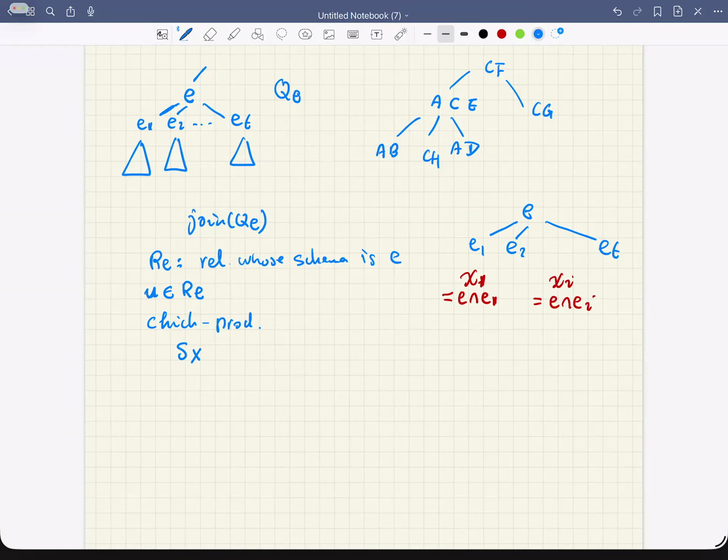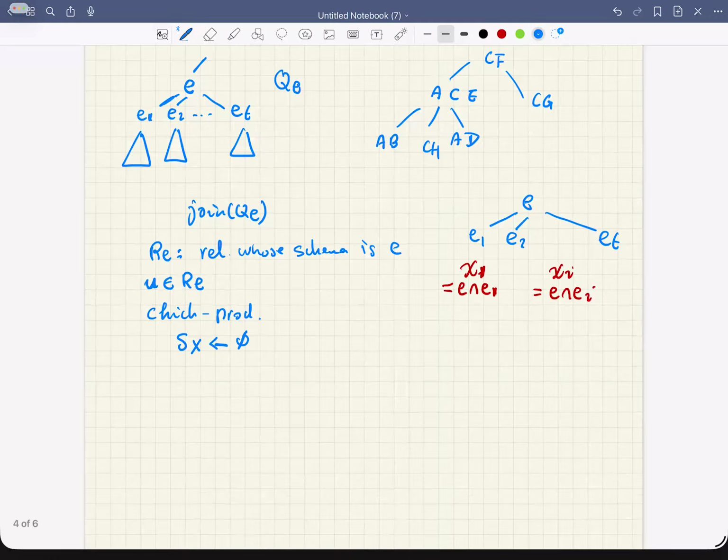This is not the Cartesian product symbol; this is a set. I'm going to compute it eventually. In the beginning, this is an empty set. So for every i, you define a set.